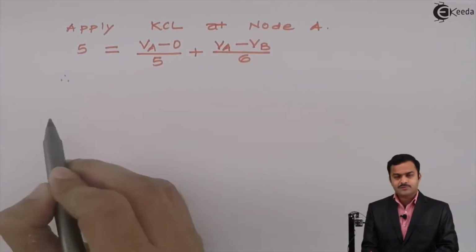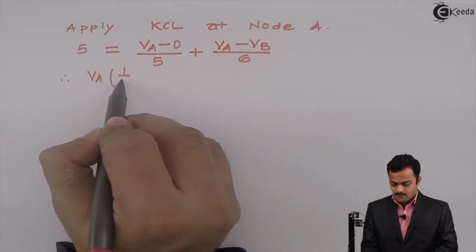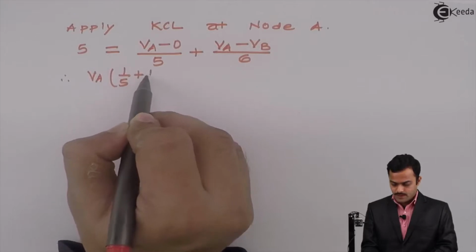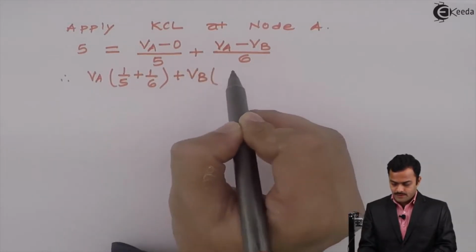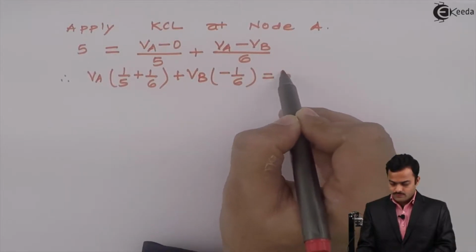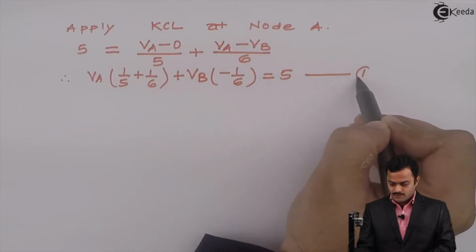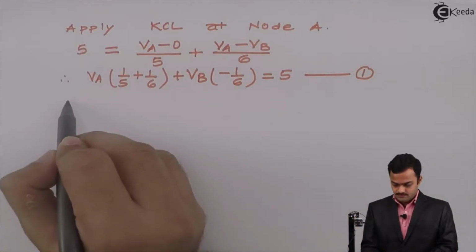Let's rearrange the terms properly. So it's VA (1/5 + 1/6) plus VB (minus 1/6) equal to 5. Equation number 1.